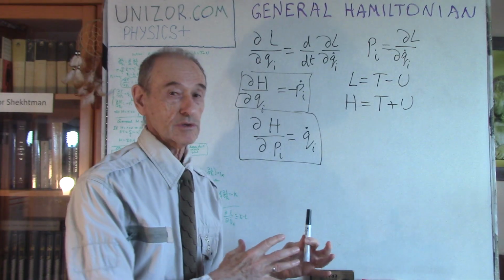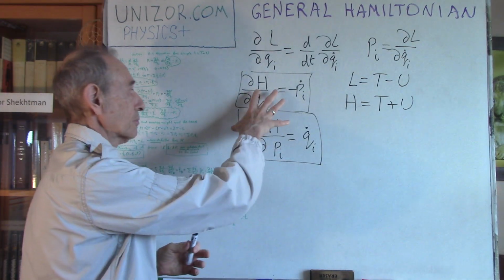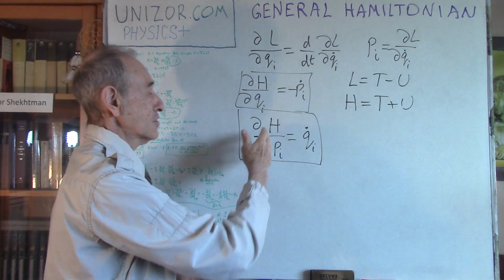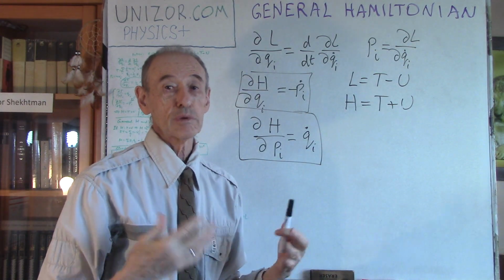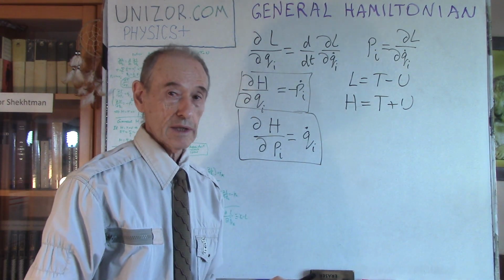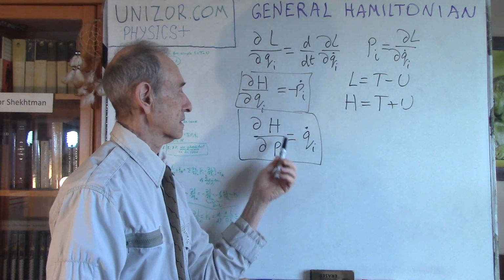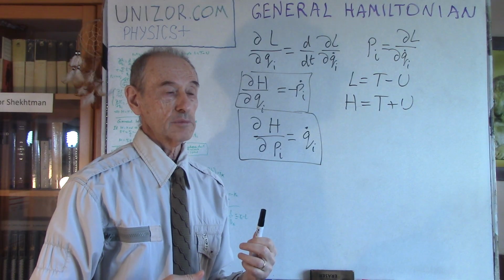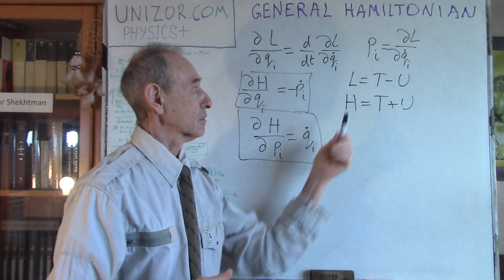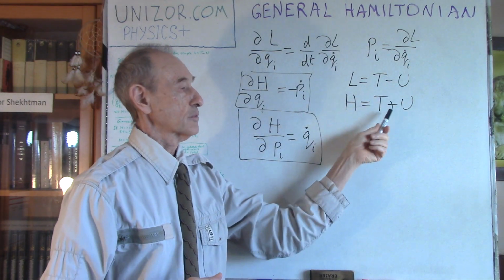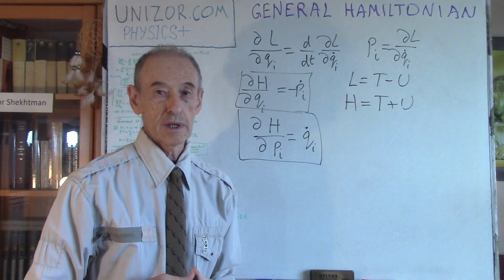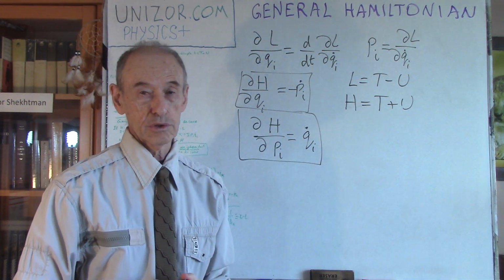I would like to still come up with something like this, where H is related to the Lagrangian, coordinates and momenta, without relying on a specific way the Lagrangian and Hamiltonian look.